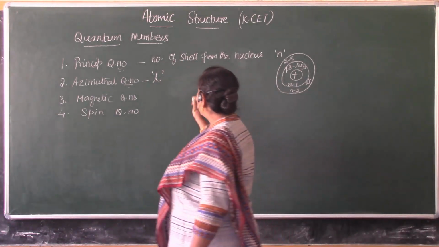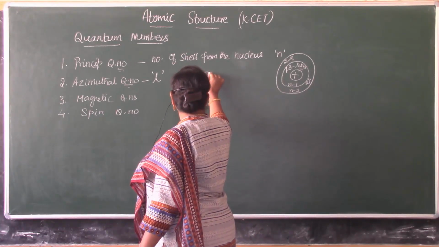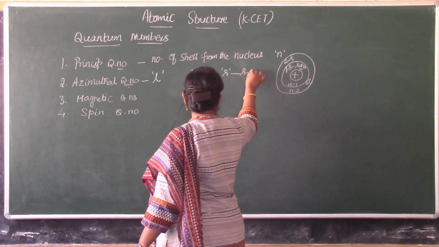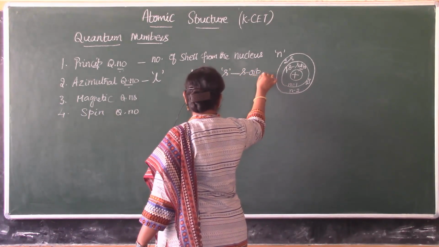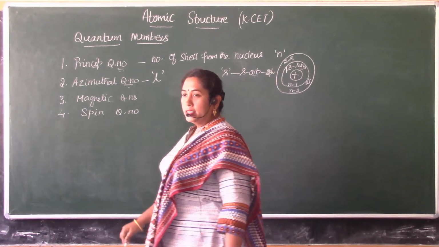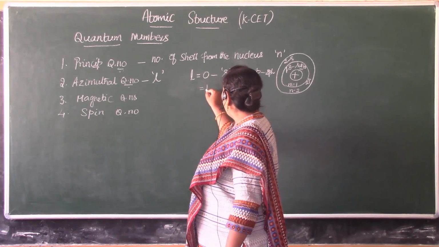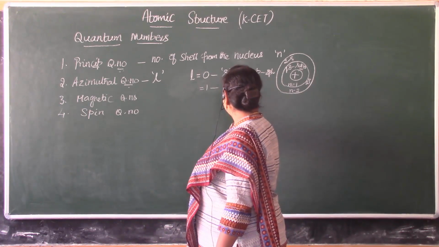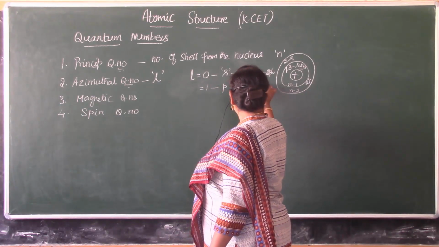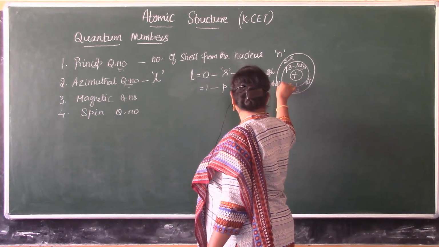Now there are specific values for L. If L is equal to 0, it indicates S subshell, in turn S orbital, in turn spherical shape of the orbital. Similarly, if L value is equal to 1, it indicates P subshell, the orbitals of p, and its shape as dumbbell shape.